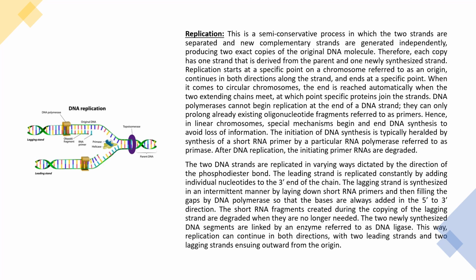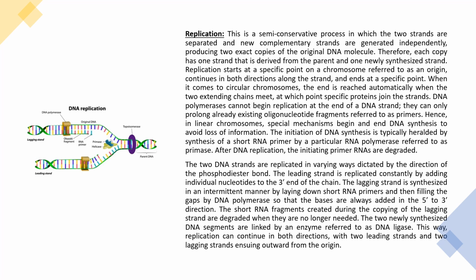The two DNA strands are replicated in varying ways dictated by the direction of the phosphodiester bond. The leading strand is replicated consistently by adding individual nucleotides to the 3' end of the chain. The lagging strand is synthesized in an intermittent manner by laying down short RNA primers and then filling the gaps by DNA polymerase so that the bases are always added in the 5' to 3' direction.